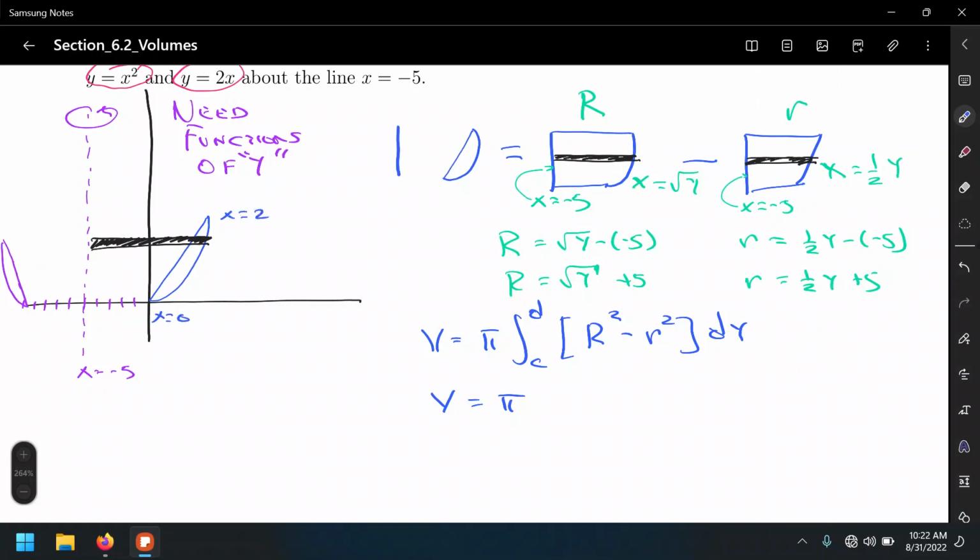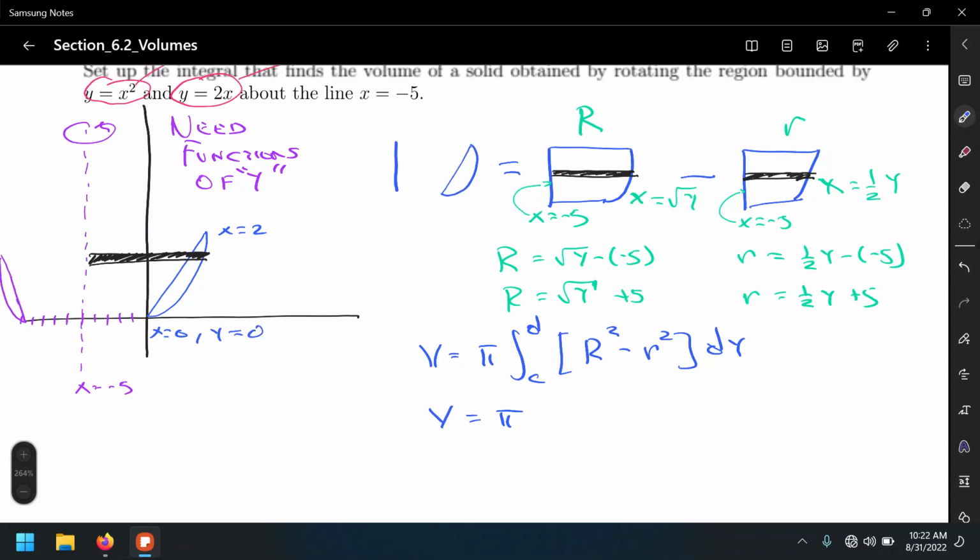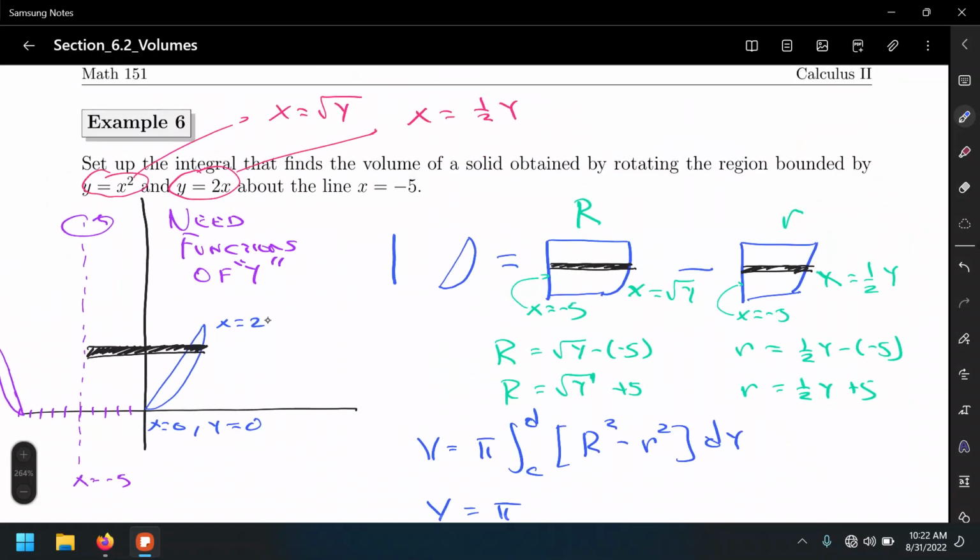But we want the limits, the corresponding ordered pairs, because in this case we need the limits in terms of y. So what's the value of y when x equals 0? Well, it's 0. And what's the value of y when x equals 2? You can plug the number x equals 2 into either equation, because those points of intersection came from setting these two equations equal.